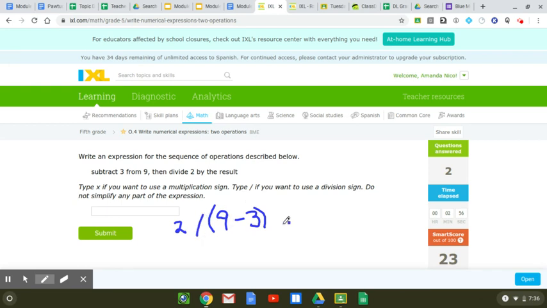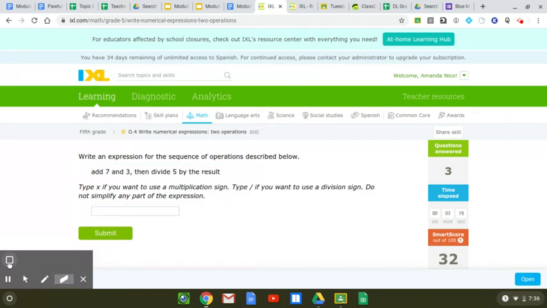Okay, so I'm dividing 2 by 9 minus 3. And they're having us use the slash mark as the division symbol here. And again, I have to use parentheses if I want to show that I need to do the subtraction first. That one gets a little complicated.